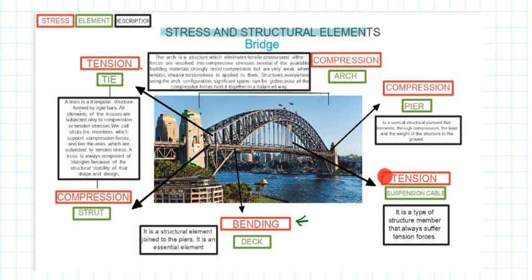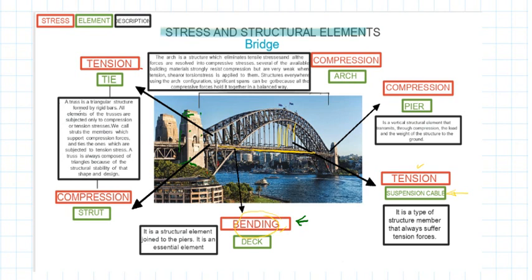The tension is here for these cables, okay. They are cables, so they are under tension. This is the deck or the platform of the bridge. This is why it is supporting bending forces.